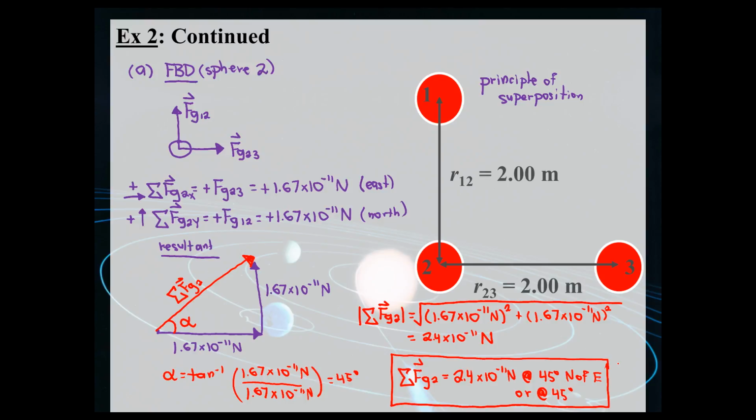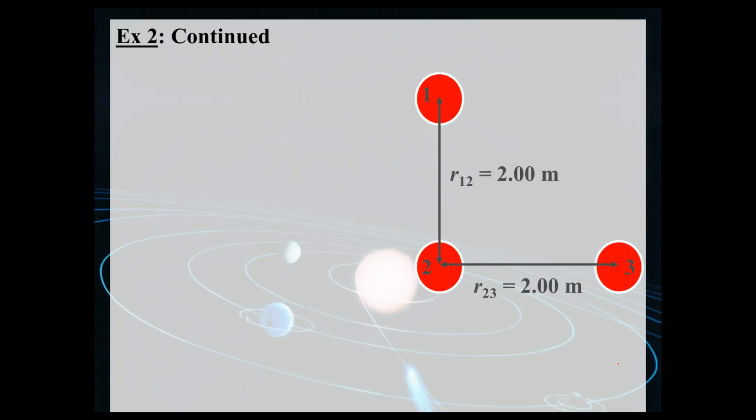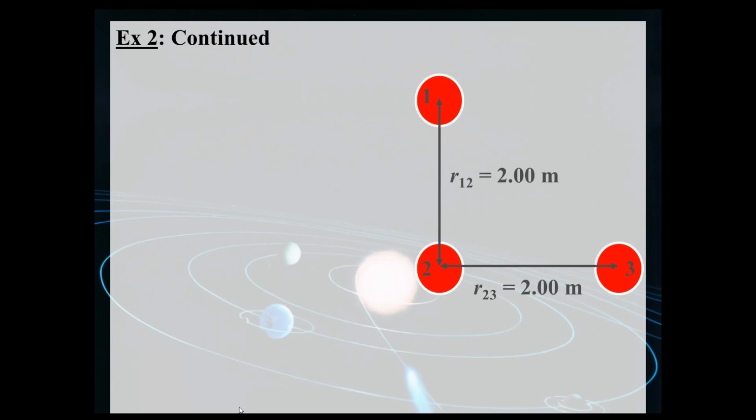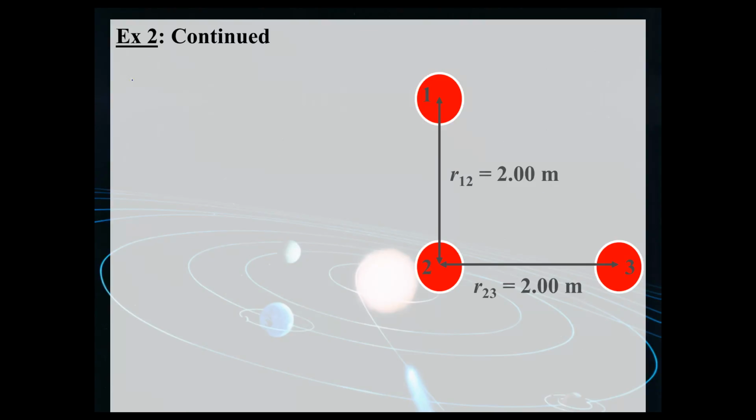So B wants us to figure out the net gravitational force that's now acting on sphere 1. So to find the net gravitational force, we want to start by drawing a free body diagram. So let's draw number 1.